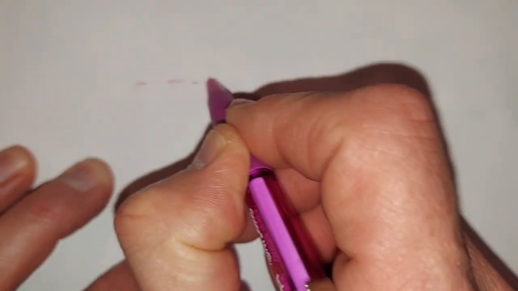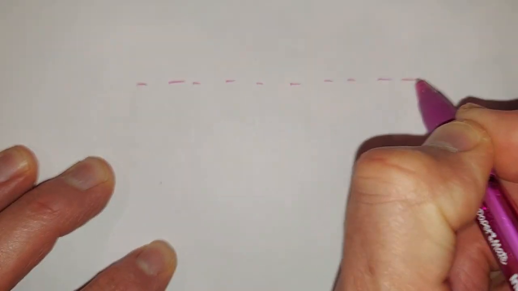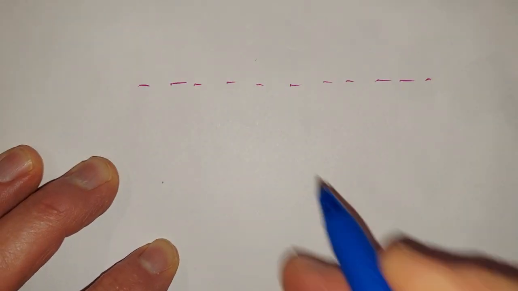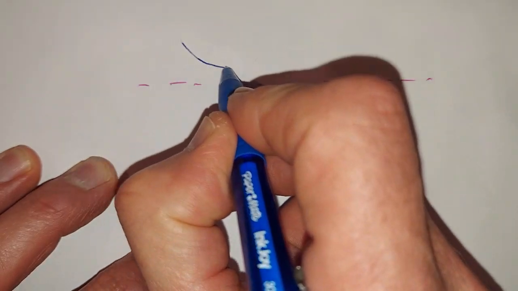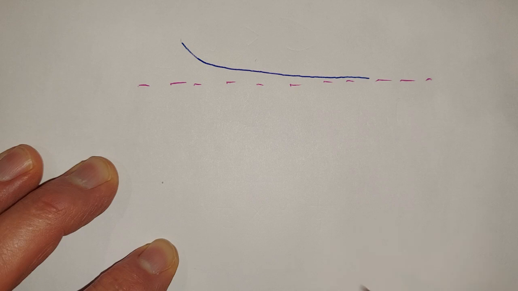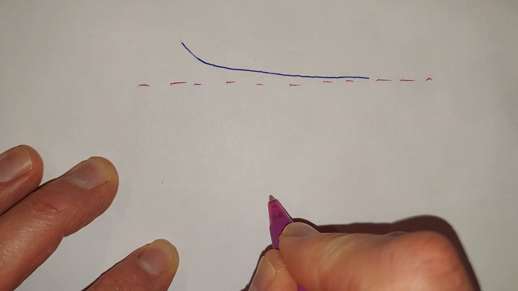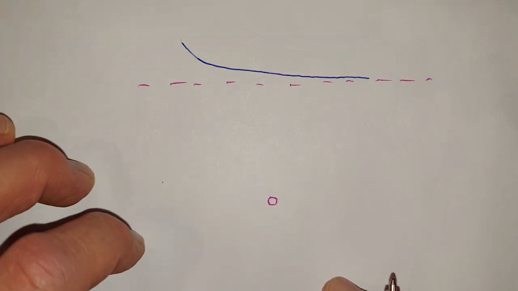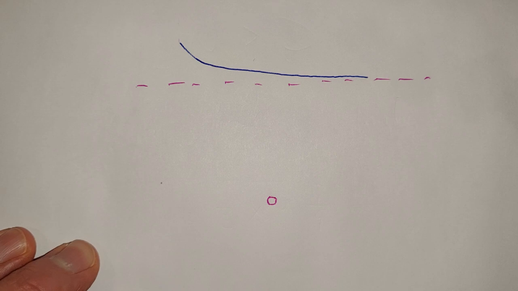Now, a hole in a function is a lot like an asymptote, okay? Except whereas an asymptote is an imaginary line that the graph gets very close to but never touches, a hole is just a point. Okay, one point.